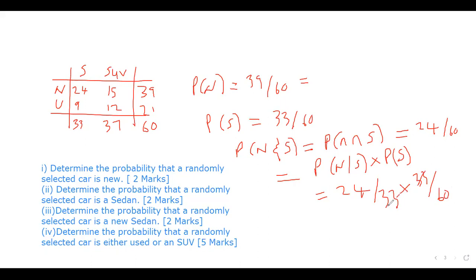When you cancel this and cancel that, you remain with 24 over 60. This is the same. You can use either the multiplication rule or the direct rule.